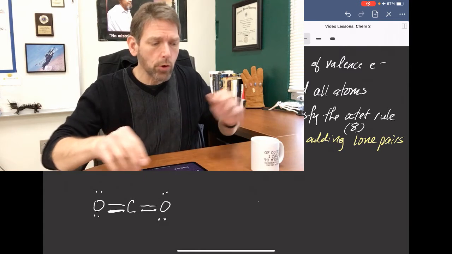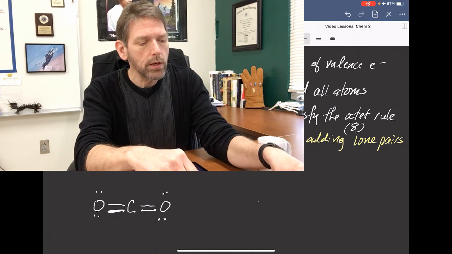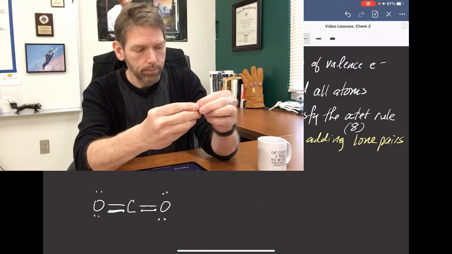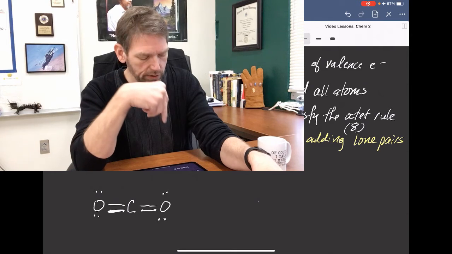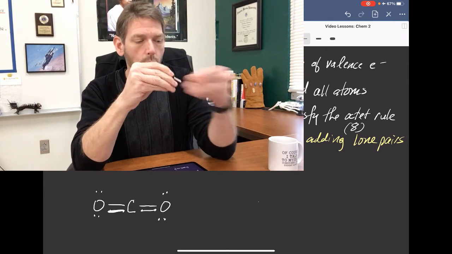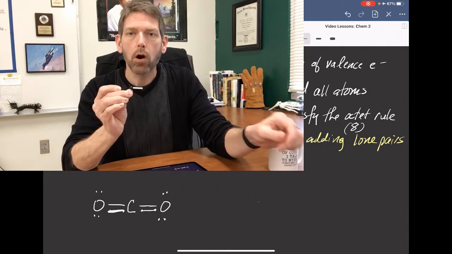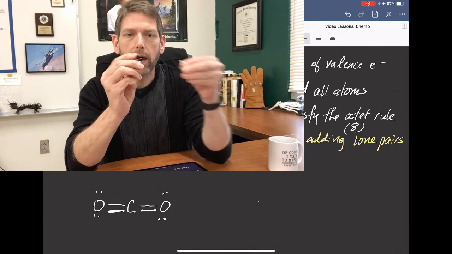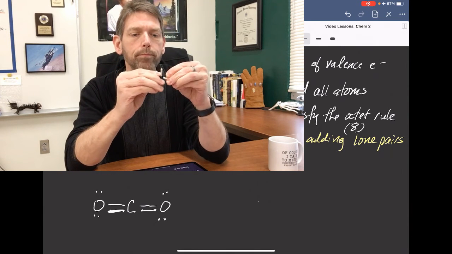So let's go back to our molecules, right? So I'm going to use the small model kit that I had. Carbon, remember, is black. And we can see here from our example that the carbon has 4 bonds total. So I'm going to attach 4 bonds to this one carbon atom.